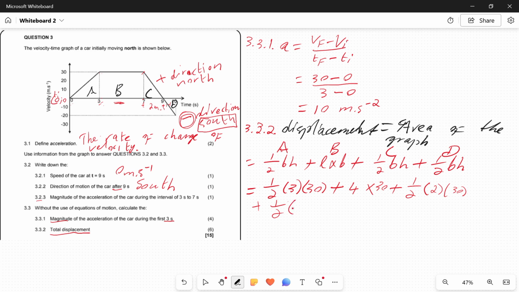So my base here is going to be 10 minus 9. What is 10 minus 9? 10 minus 9, guys, gives us 1.